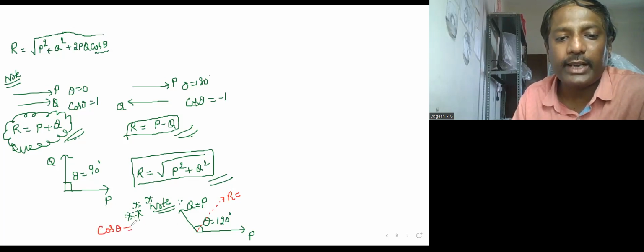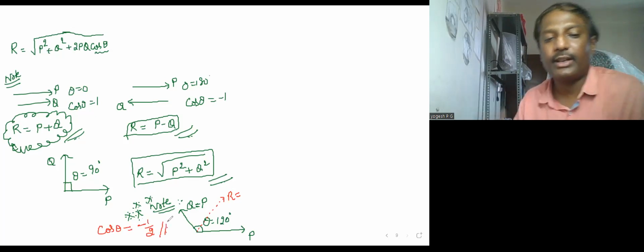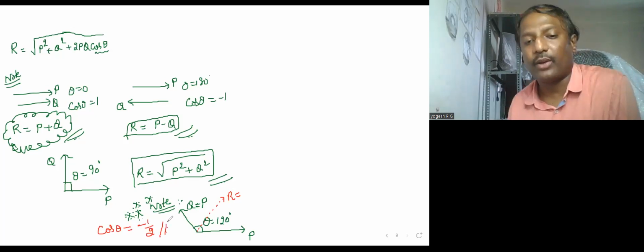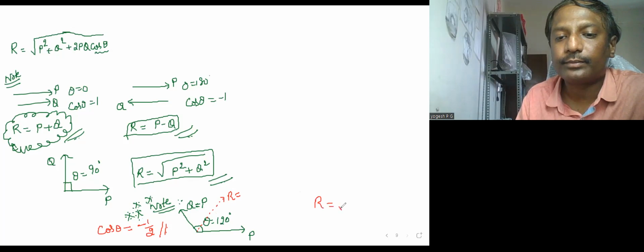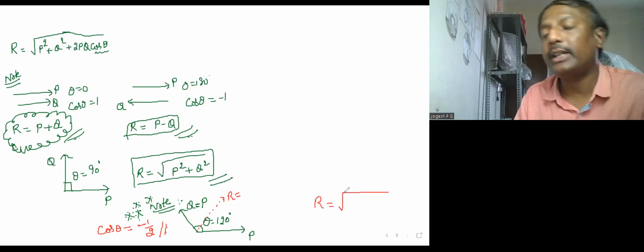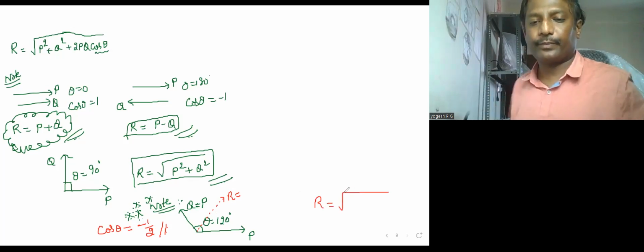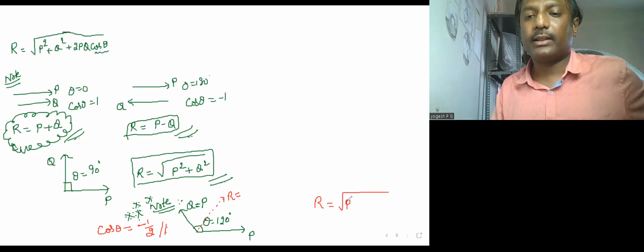Theta is 120, so the cos 120 value will be minus 1 by 2, for your reference. Tell me what is R. You can do it in mental calculation. Don't write everything.